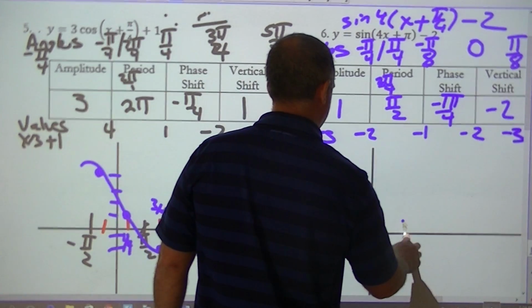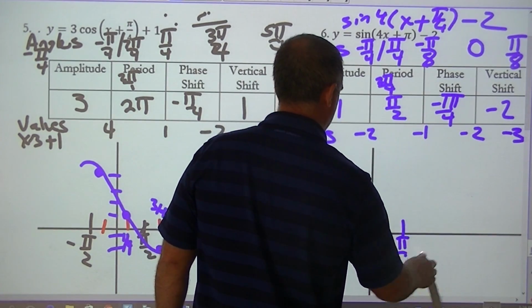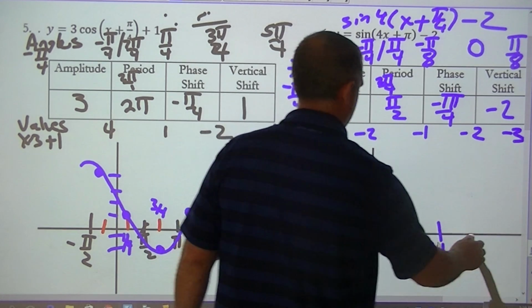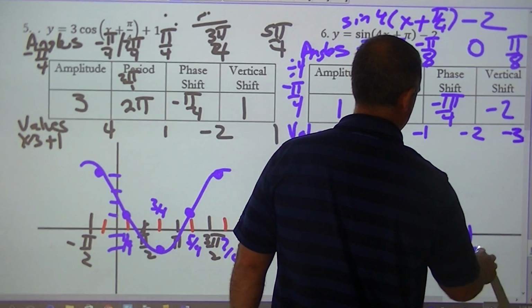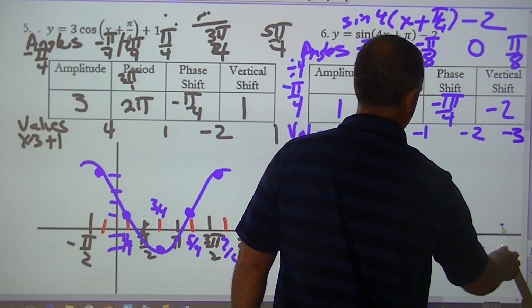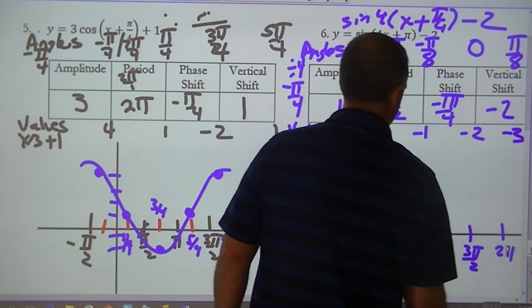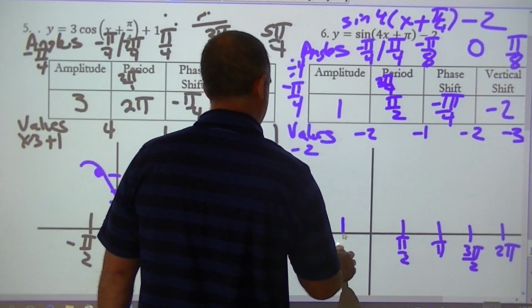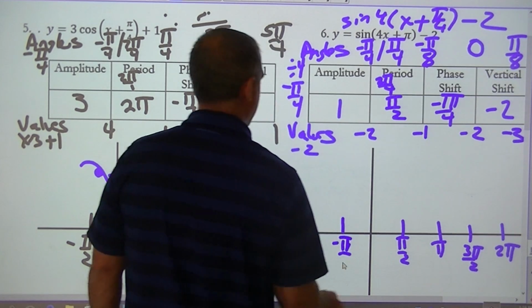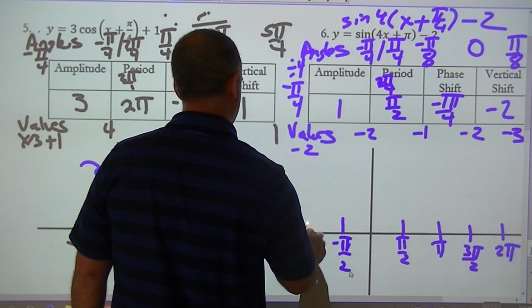So what I have is pi over 2, pi, 3 pi over 2, 2 pi, and negative pi over 2 because I have some negative angles in here, and negative pi.